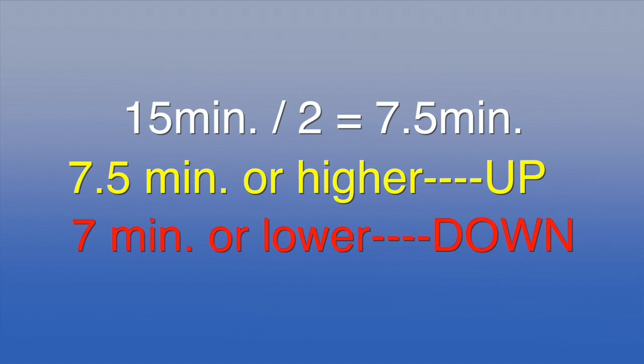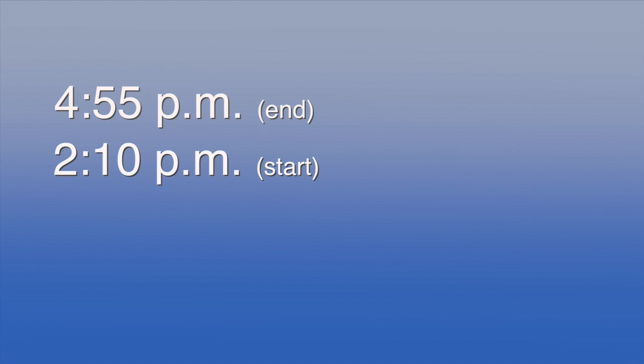So for instance, if the time is 2:10, we would round forward to 2:15. If the time was, say, 2:05, you round back to 2 o'clock. So let's look at an example. Let's just say that I start my shift at 2:10 p.m. and I leave at 4:55 p.m. Well, you want to round the 2:10 up to 2:15.